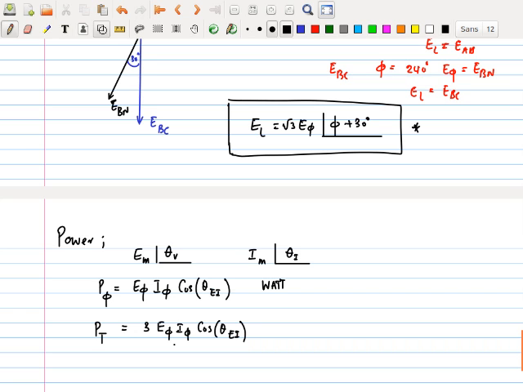Now let's play a little trick. Now we know that for a star connected system, I phi is equal to IL. Yes? We know this. And then we also know that E of L is equal to √3 into E of phi. We just said that.